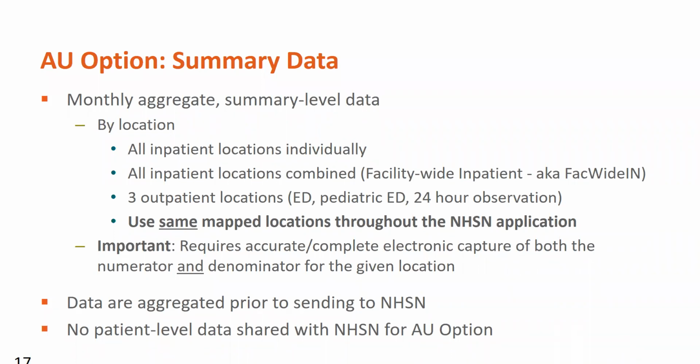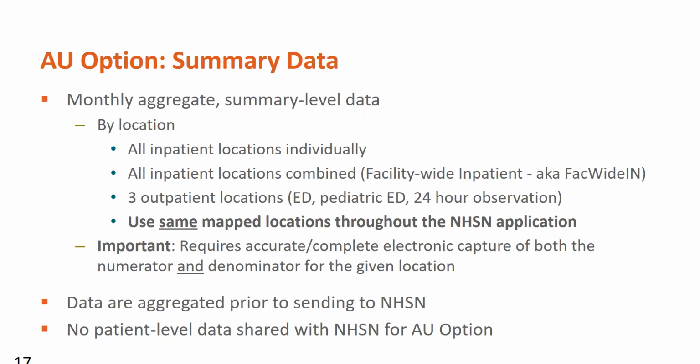Then I would combine them all into what we call our FAC-wide IN, or facility-wide inpatient. And we also collect data for 3 outpatient location types if the data are available electronically. So those are the emergency department, a pediatric emergency department, and a 24-hour observation unit. So if your facility did not have these location types, you would just not report them. That's totally acceptable.